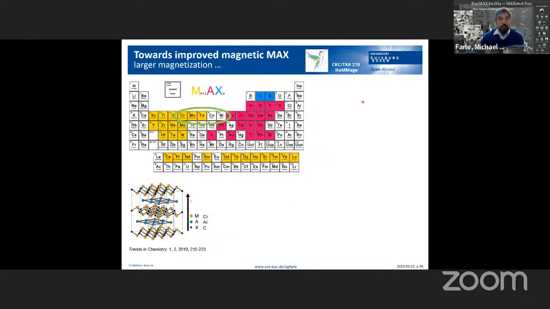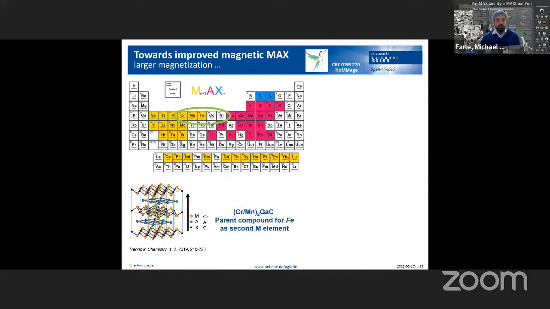Okay. Now, towards improved MAX materials with larger magnetization. The wish, or the dream, is to put iron, cobalt, nickel in these MAX phases, so manganese, and a little bit of iron I showed you already. We want to have this playground of elements which we can use.